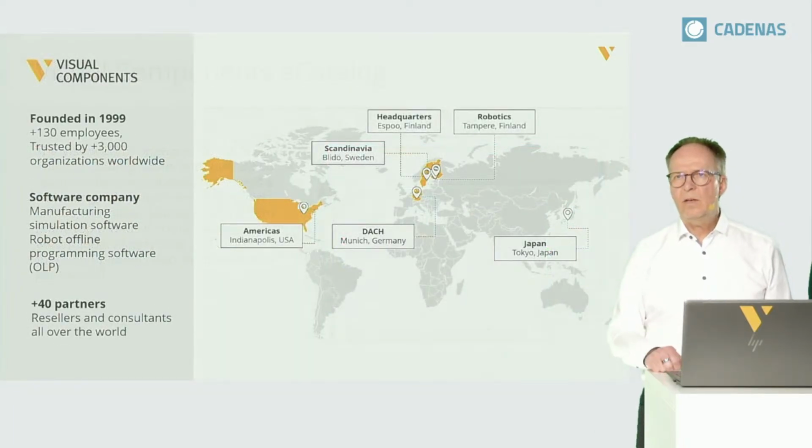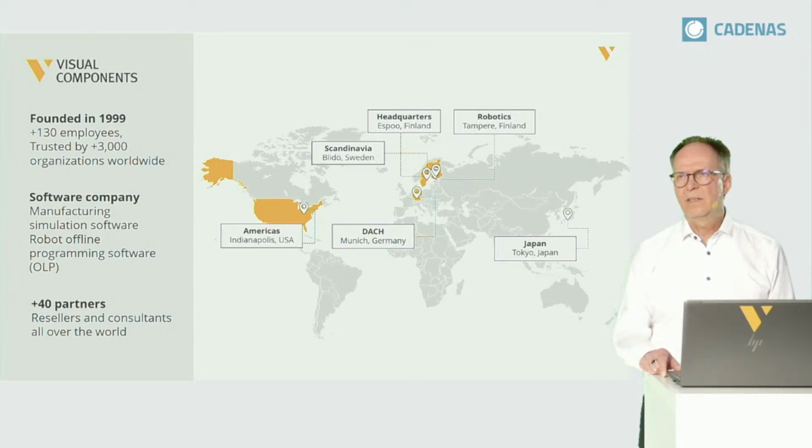Okay, a few words about Visual Components. We were founded in 1999 by 3 colleagues, 2 from Finland and one from the US. Our headquarters is based in Espoo by Helsinki, but we have subsidiaries all over the world. We have an office in the US for North and South America, an office in Sweden for the northern countries, and a really new office built up 2 weeks ago in Japan.